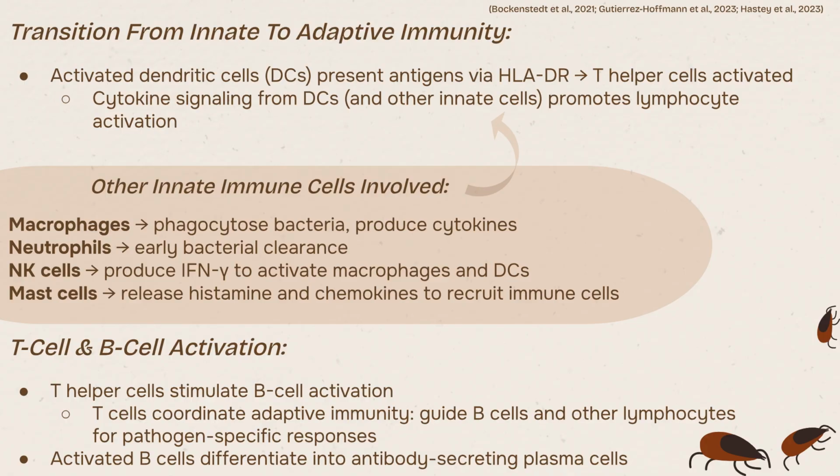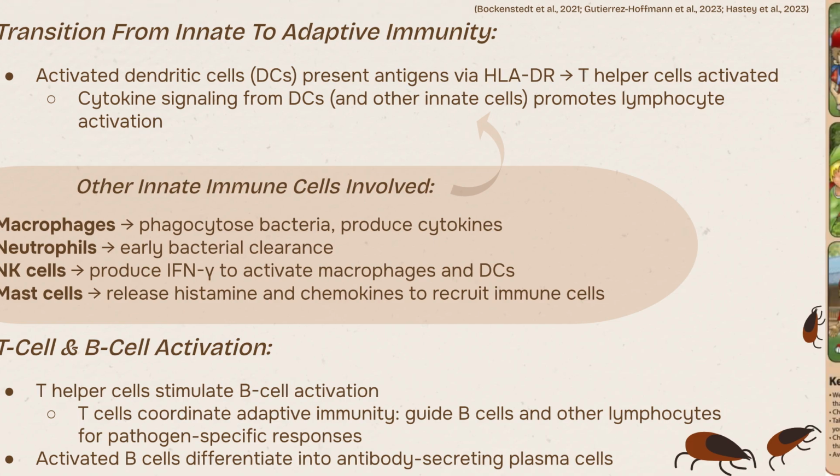Neutrophils contribute to earlier bacterial clearance. Natural killer cells produce interferon gamma, which helps activate macrophages and dendritic cells. And mast cells also play a role by releasing histamines and chemokines that recruit additional immune cells to the infection site. As this process continues, T helper cells become activated and begin coordinating the adaptive immune response.